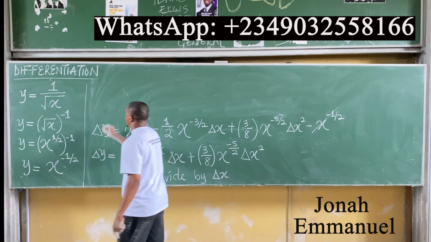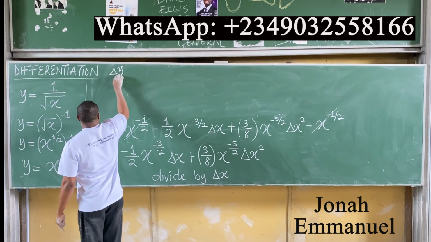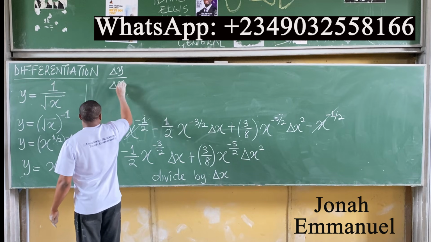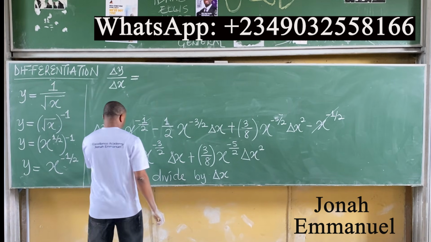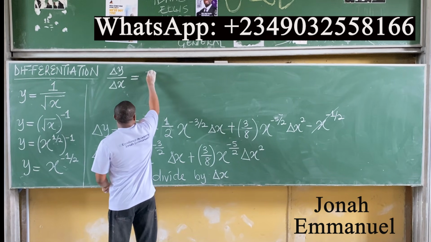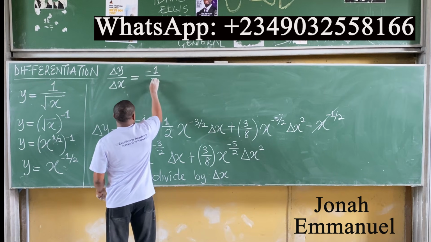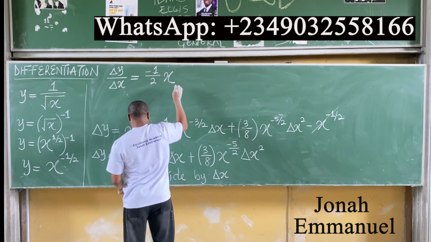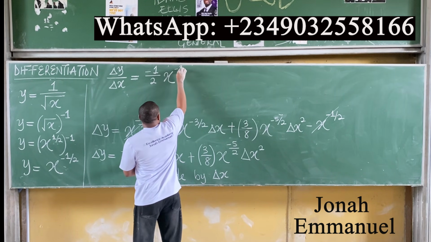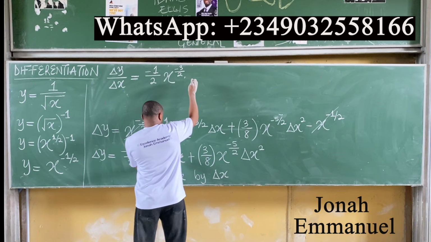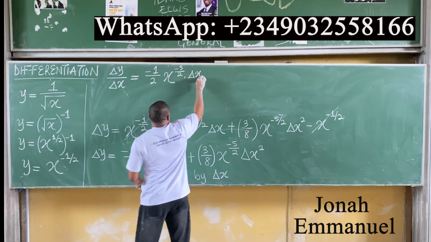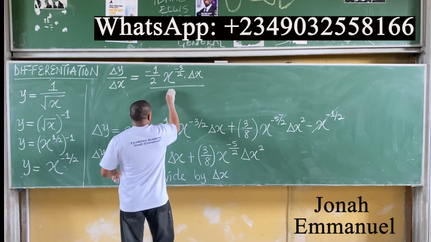This first term, change in y divided by change in x, is equal to this term here, minus 1 over 2 x to the power minus 3 over 2 times change in x. We said divide by change in x.